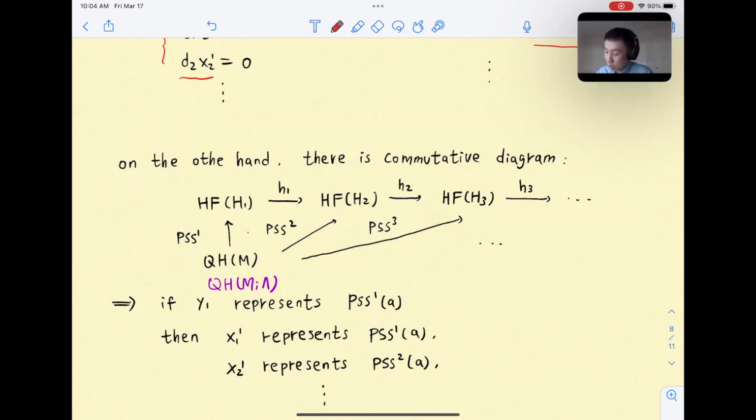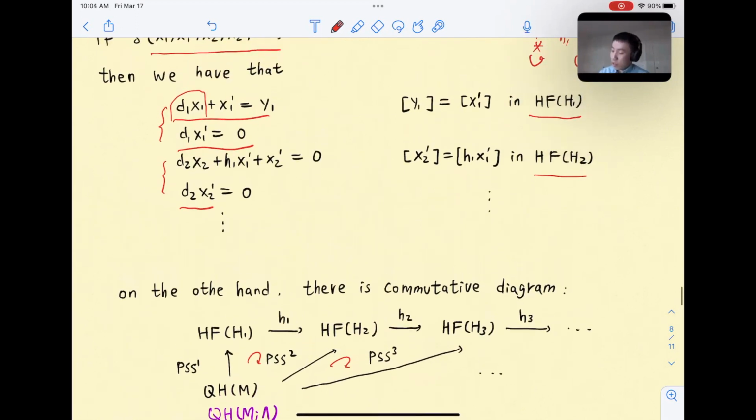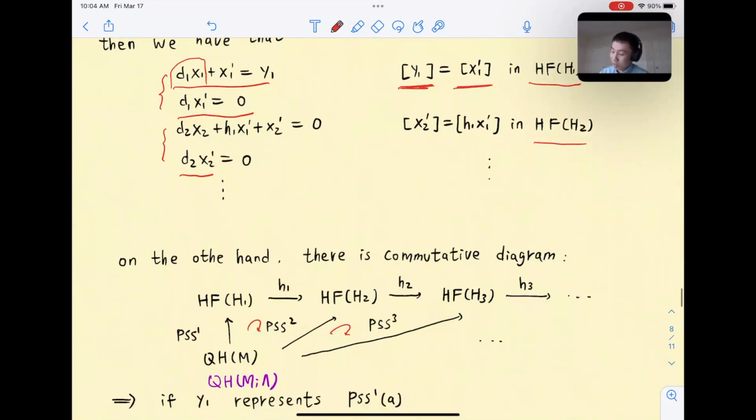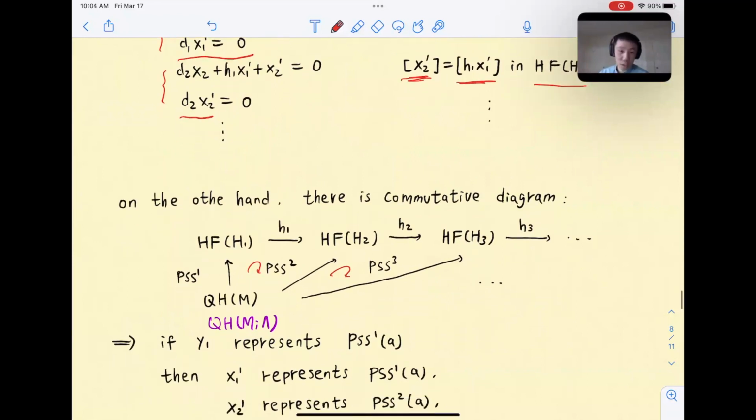So those triangles commute. Then we use this fact to see that, suppose y1 represents some class, then x1 prime represents the same class. x2 prime will represent its image under continuation maps.